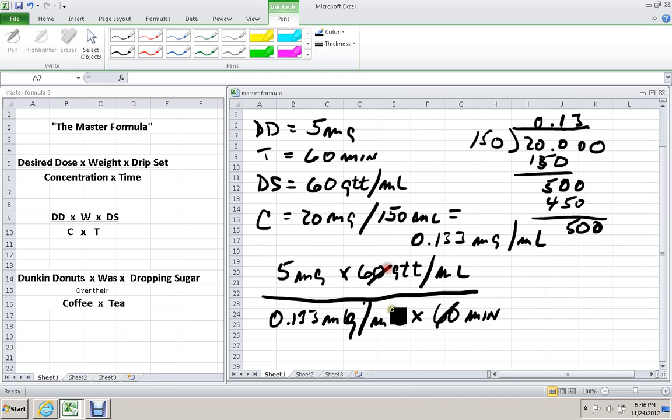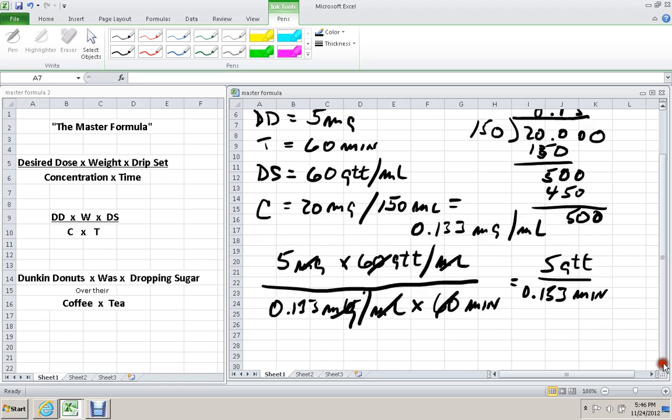The 60 and the 60 cross off, the milliliters cross off, the milligrams cross off. What we end up with is 5 drops per 0.133 minutes. Okay, so that's not very helpful.